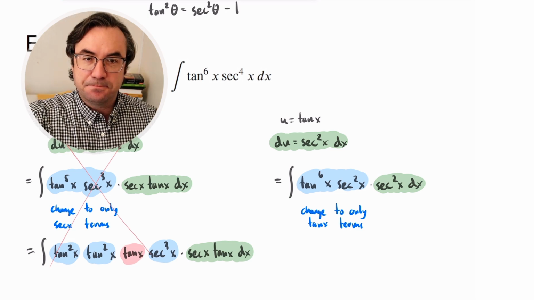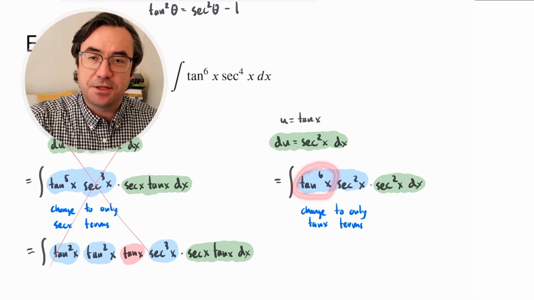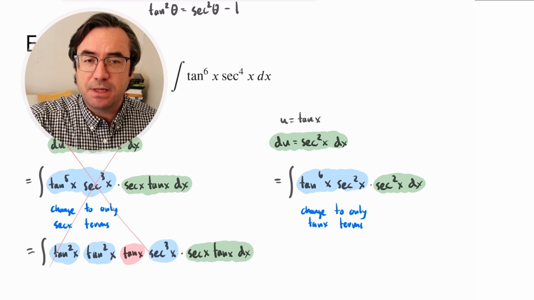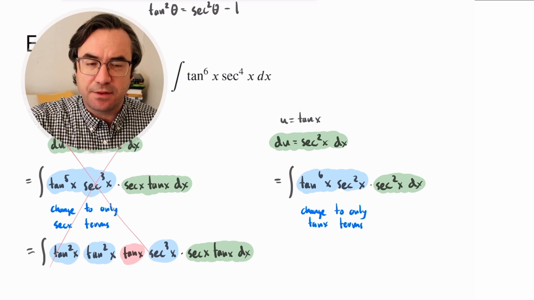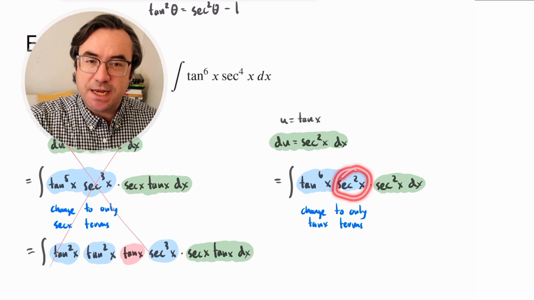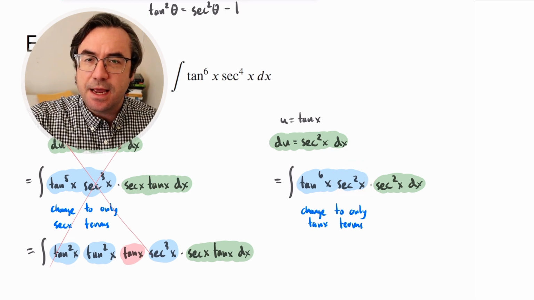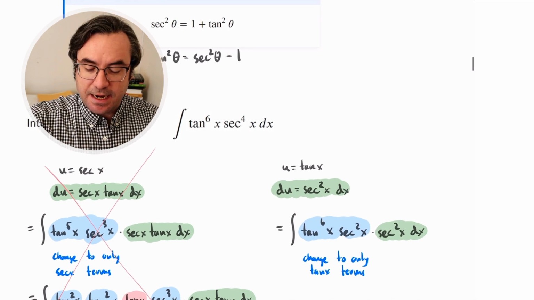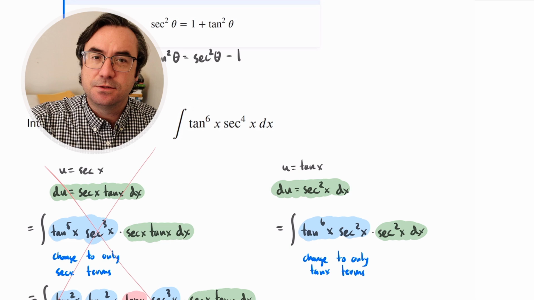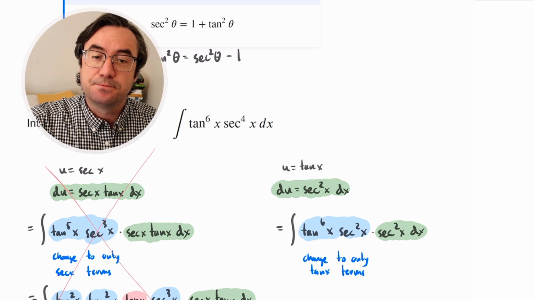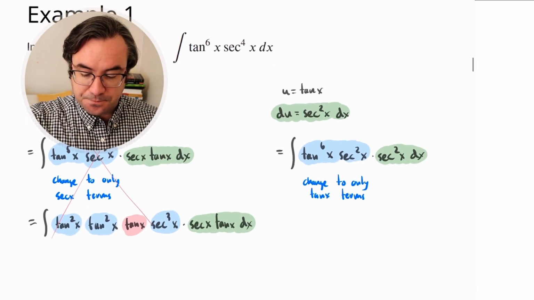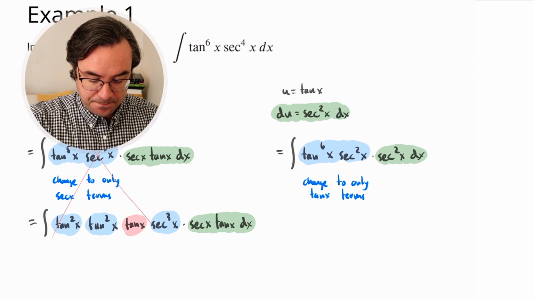So that means this tangent of x raised to the power 6, good. That one's good as is. We don't have to do anything there. The only thing we got to do is we got to change the secant squared. And we have a nice trig identity that allows us to deal with just secant squared. All right.